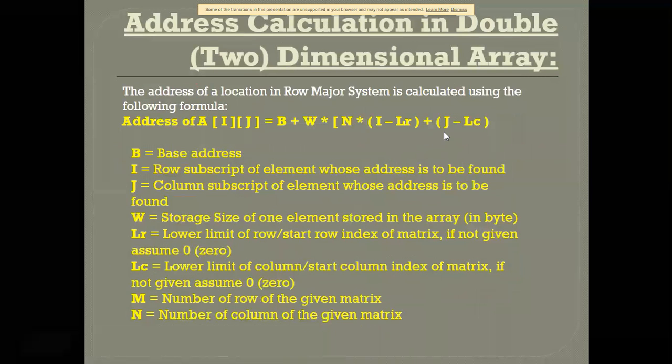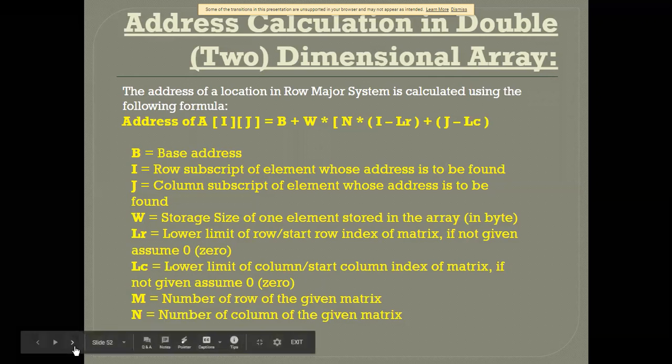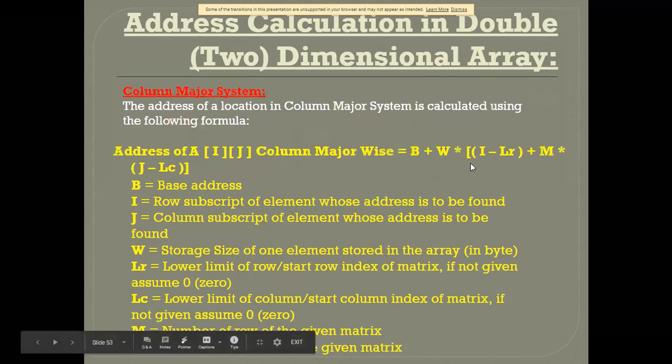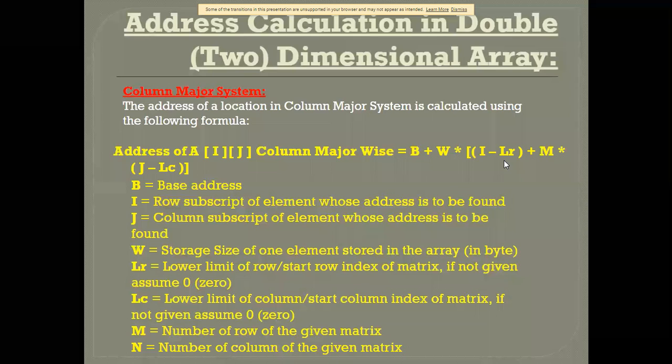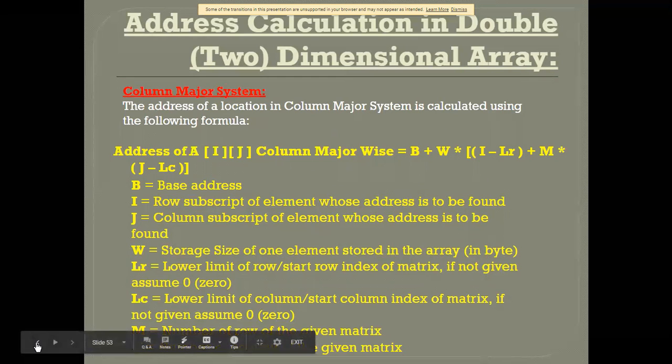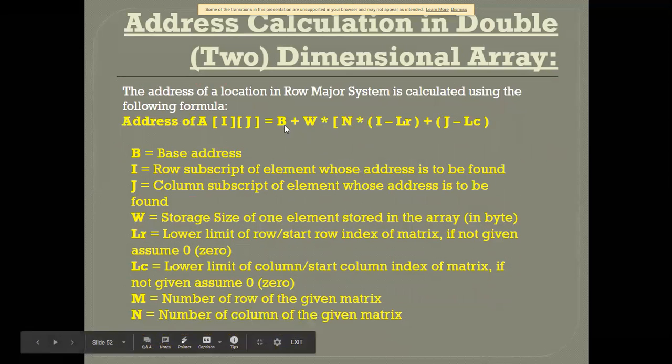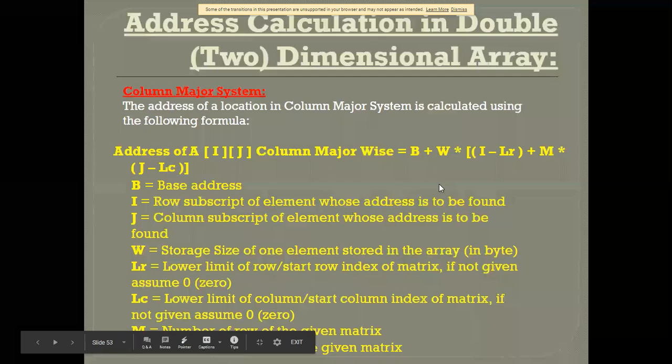When we are calculating row major, the lower limit of column is required with J minus LC, and here the lower limit of row is required. So this is the normal difference. The whole formula is the same, instead of N we are using M. That's it. Did everyone understand?